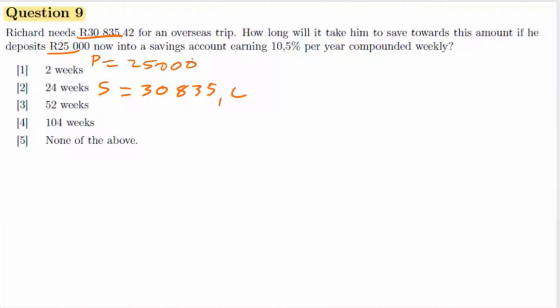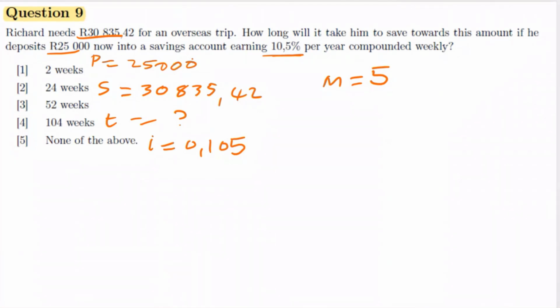We don't know how long it's going to take in a savings account earning this interest. So now your interest is equal to 0.105, which is compounding weekly. Compounding weekly, your m is equal to 52. So now what you do, you just plug everything into your formula.